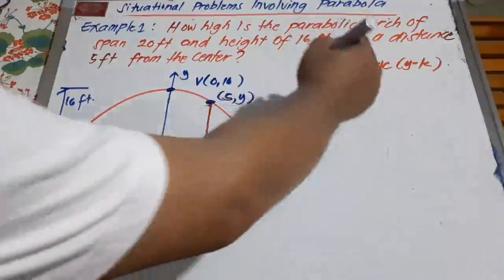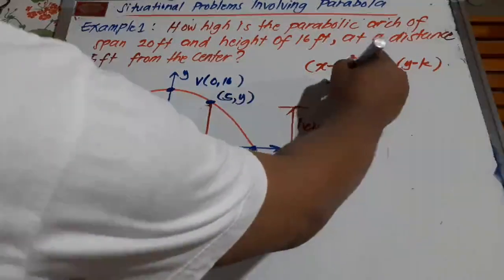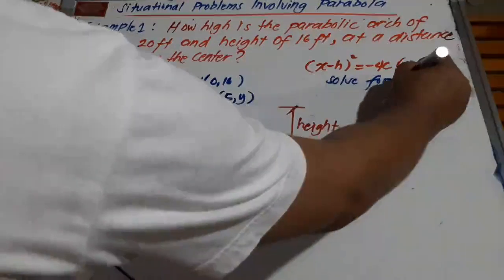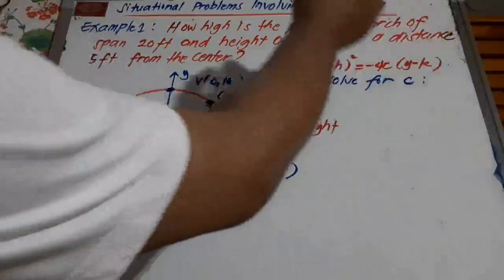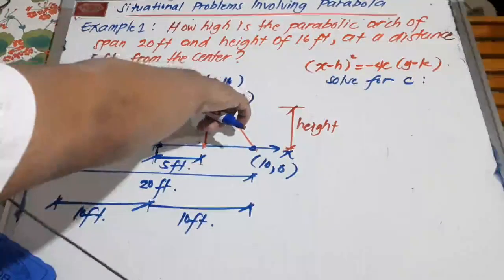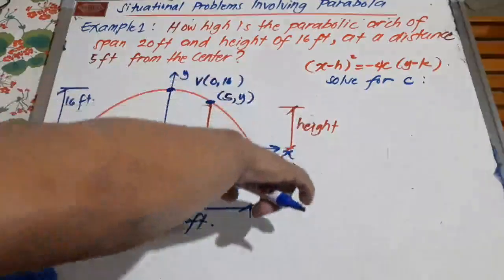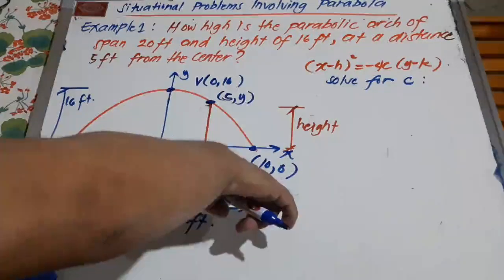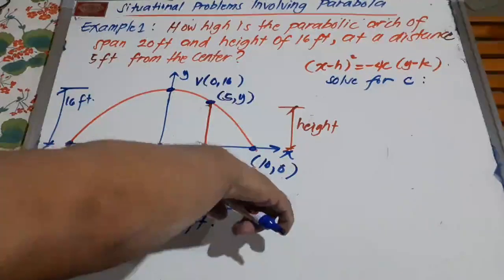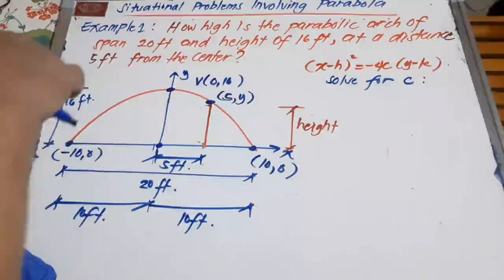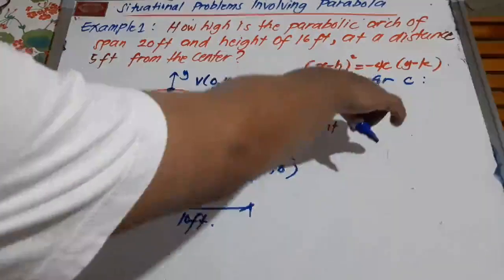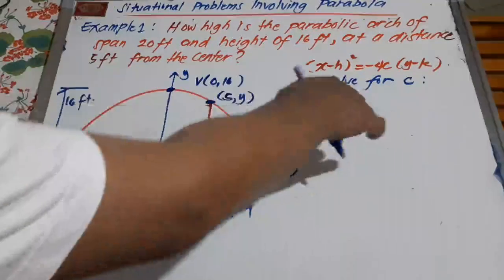Next step is solve for c para makuha natin yung equation of this parabola. How? So, we know the values of h and k. We can use this point, i-substitute natin yung x and y values niya doon sa equation para ma-solve si c. So, we use (10, 0) for x and y values so that we can solve the value of c.